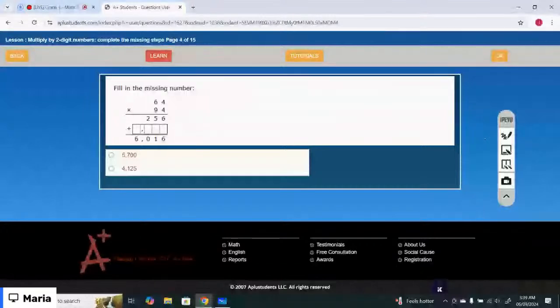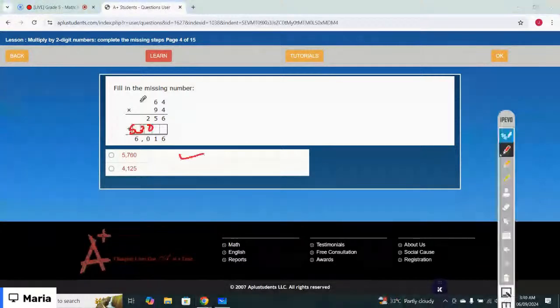You have to multiply by the tens digit, right? So start writing.